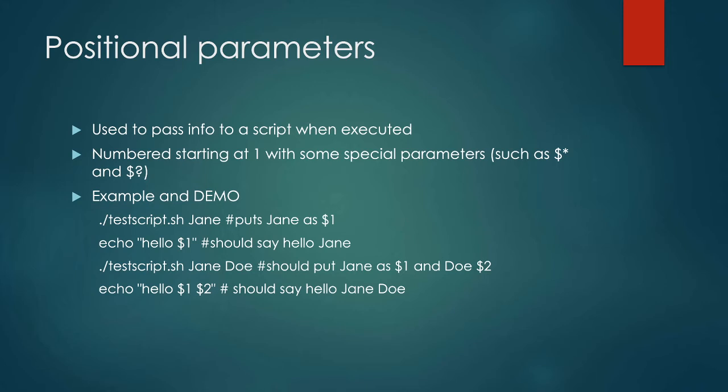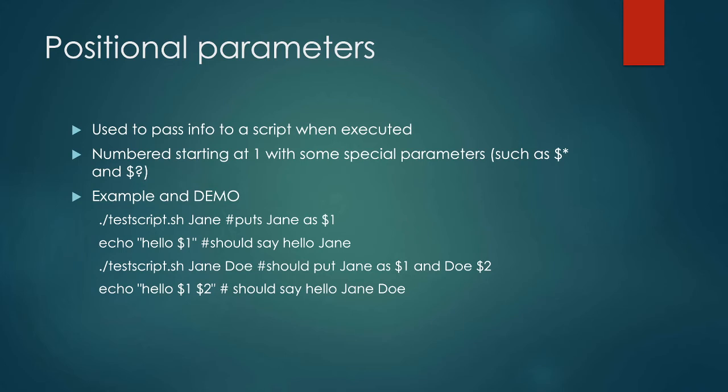I can also pass it a value during the run. So if I say ./testscript.sh space Jane, that's going to take the word Jane and put it in the temporary variable $1. There's temporary variables $1 to $9.